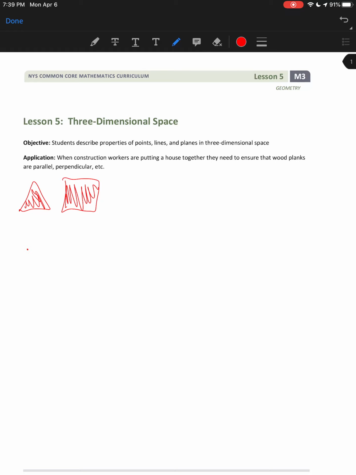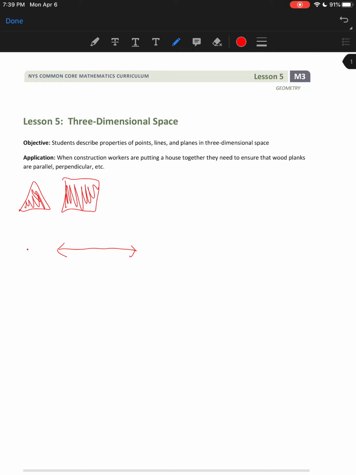And let's look at now a line. A line now is a one-dimensional object. Here we have a line, it goes in 2 directions.